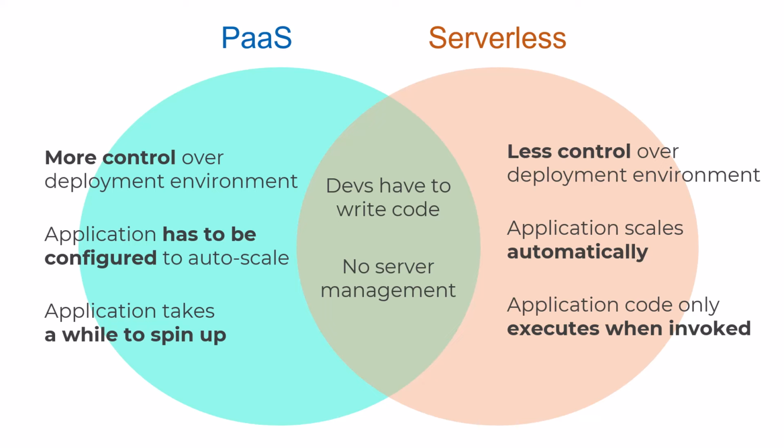It is eliminating the need for polling, some sort of little process just checking repeatedly to see if it needs to run, because it executes only when invoked. So that's the advantage, or the advantages, of serverless.